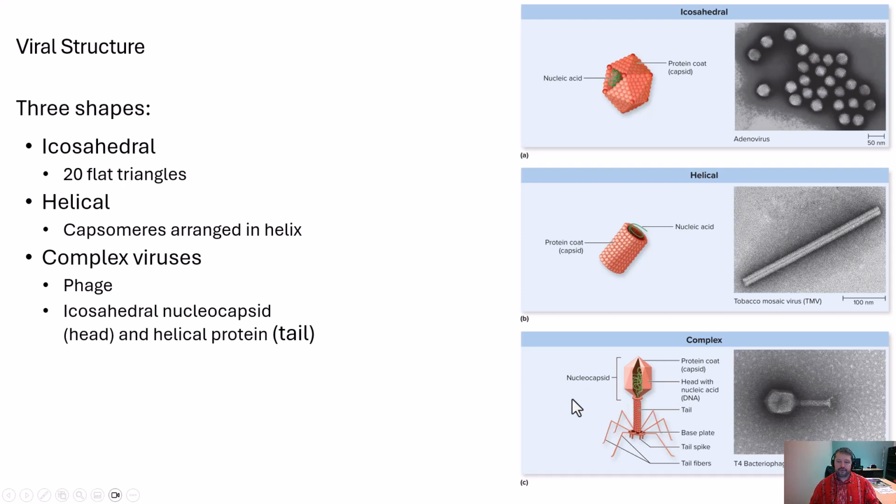And then off of that, you can have other things. Of course, you can have spikes coming off of these. You can have tails, or spikes coming off the tails, that help with attachment and the ability for the virus to enter a cell.